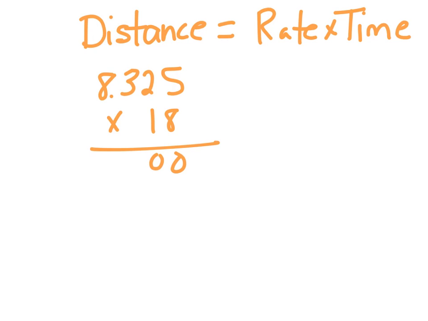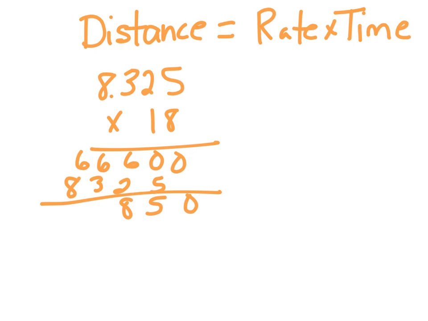We would have 0.0666, and then we would have 5, 2, 3, 8. Add that all together. We now need to figure out where our decimal place would be. We have 1, 2, 3 spots. So it's going to go right there.